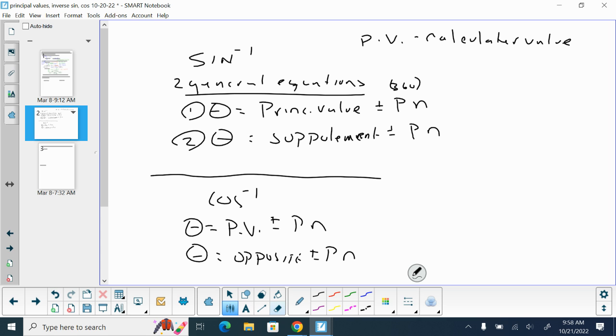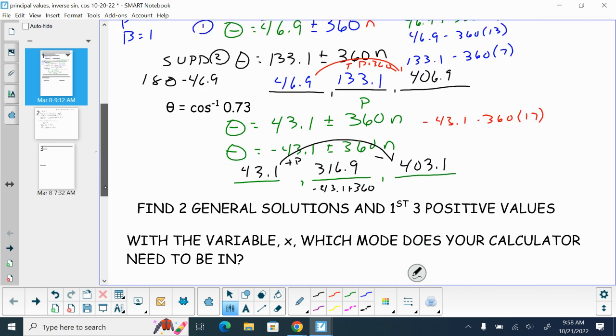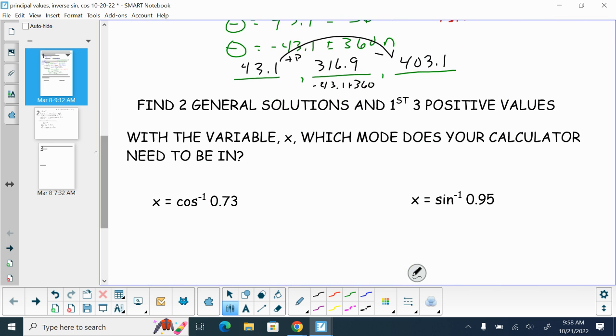Now, today we're going to start throwing a few little monkey wrenches in there. Not really monkey wrenches, but some different aspects of it. Because now I'm going to throw the variable x at you. Which means, if I throw the variable x at you, what mode do we have to put our calculator into now?